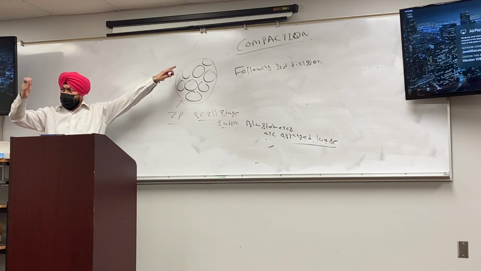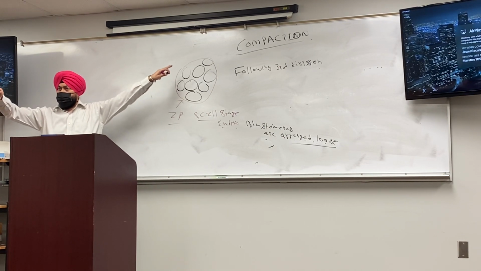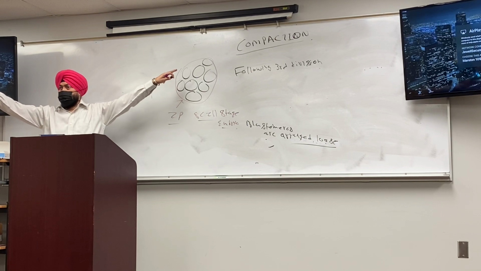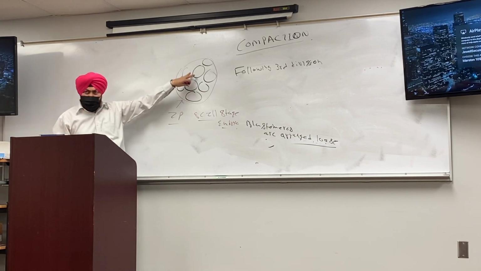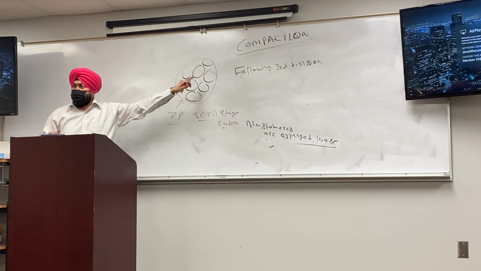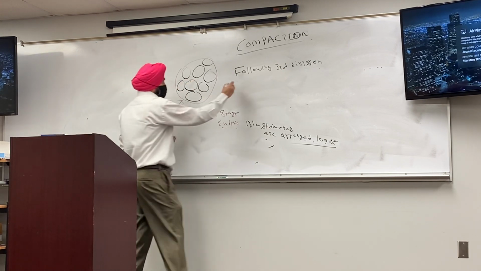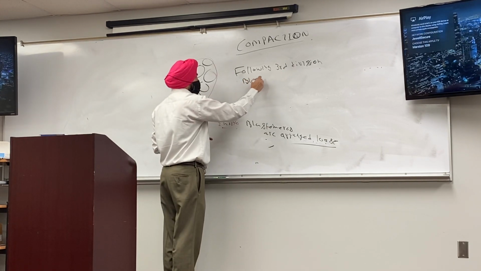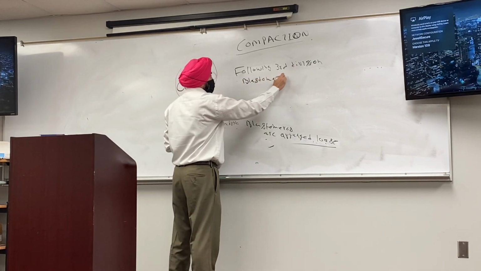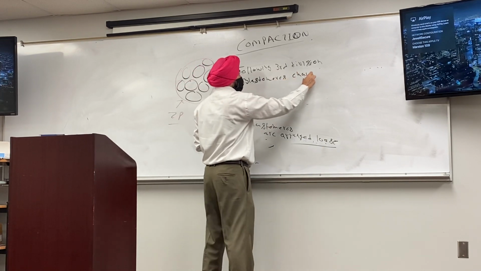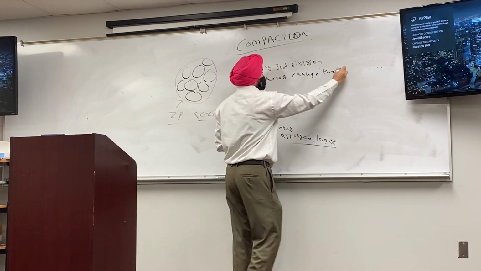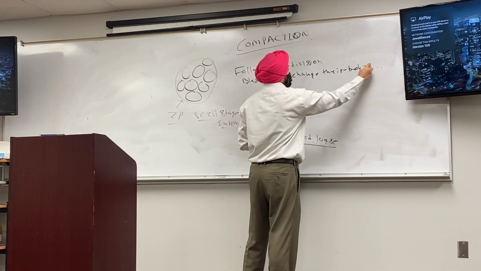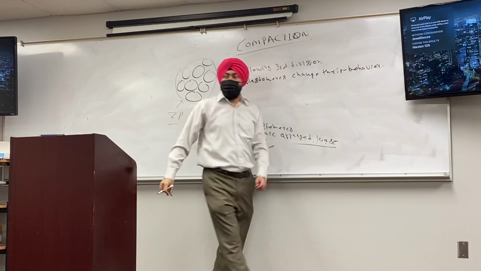That's the third division: 2, 4, and then 8. When they become 8, immediately after that, the blastomeres change their behavior.